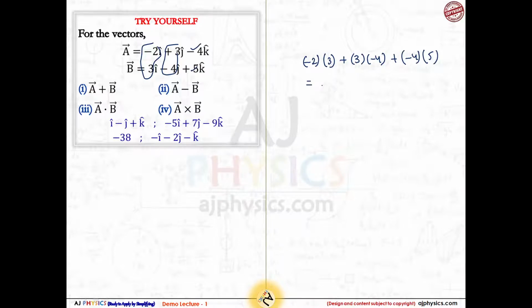So let's add them. This will be minus 6, minus 12, minus 20. That should come out to minus 38. So we have these answers here. You can follow these answers.